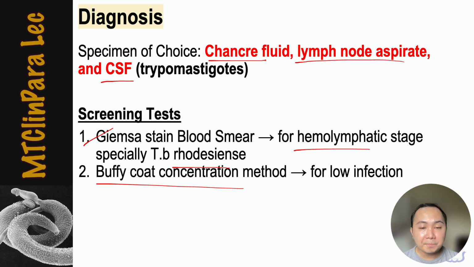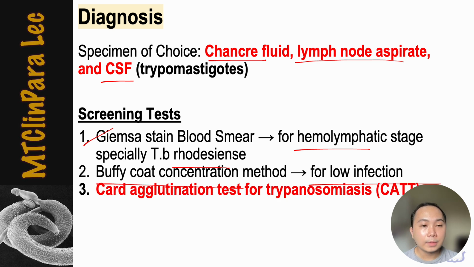This is usually extracting the parasite in the Buffy coat of the patient. This is more commonly associated for low infection. No? I will show you a picture later on for Buffy coat concentration. And also the card agglutination test for trypanosomiasis or CATT. So later on, we will show you this particular screening test.